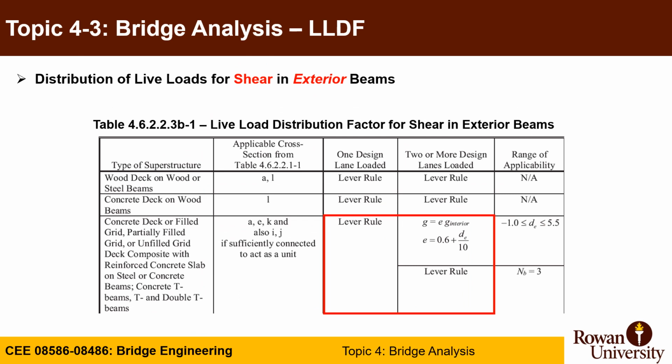If you have to calculate it for an exterior girder, one lane loaded, you are going to use the lever rule. For 2 or more, you are going to use the e equation, which is in this case 0.6 plus d over 10, multiplied times the interior girder value that you got from the previous slide, or the lever rule if you have only 3 girders.